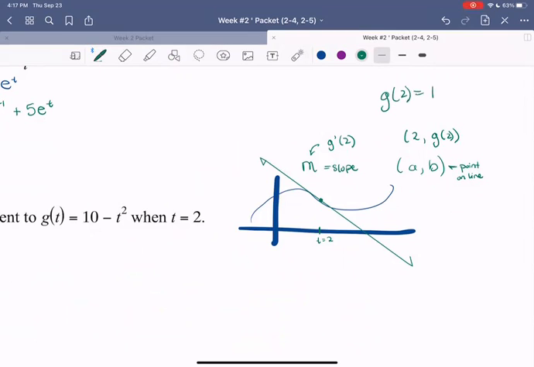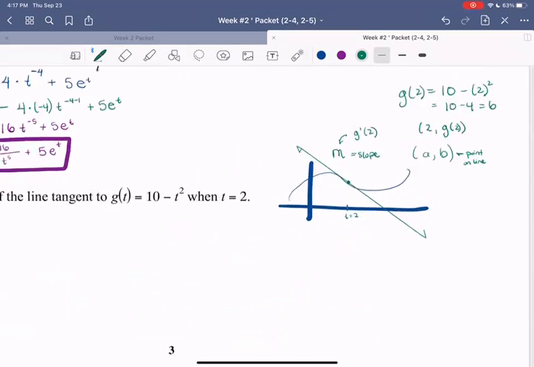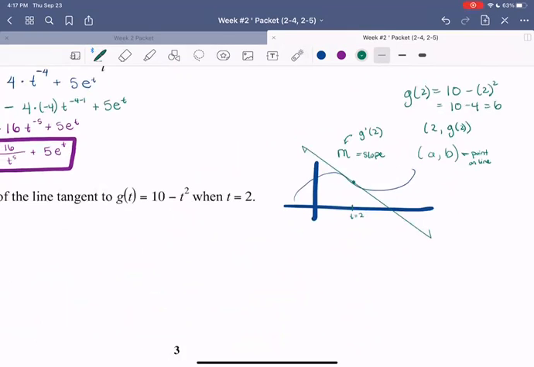So g of 2 is equal to 10 minus 2 squared, which is 10 minus 4, which is 6. So we need that point, which is just (2, 6). That's our point on the tangent line. And we need the slope, which is g prime of 2.